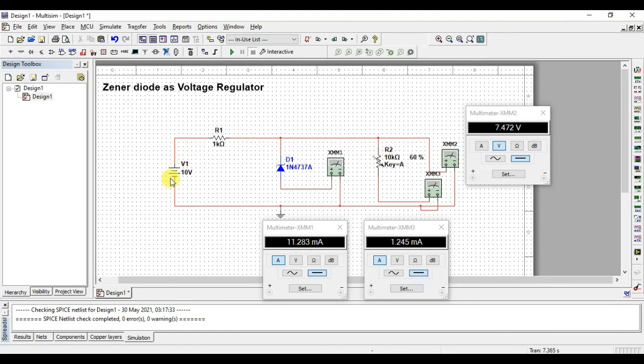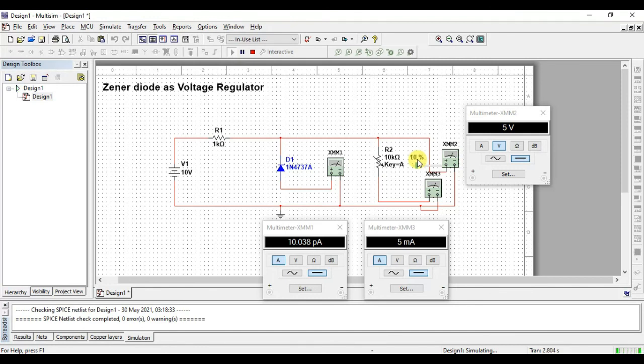We are going to change the potentiometer, or variable resistor, here. The full value of this resistor is 10 kilo ohm, and I am applying only 10%, as we know V is equal to IR, okay.